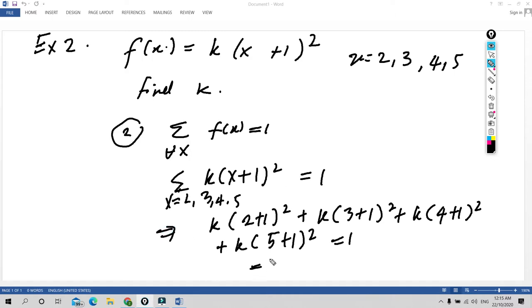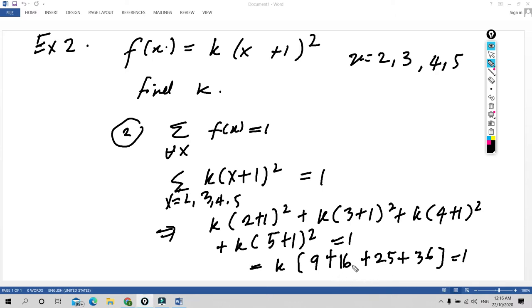This is equal to k times (3 squared, which is 9, plus 16, plus 25, plus 36), equal to 1.